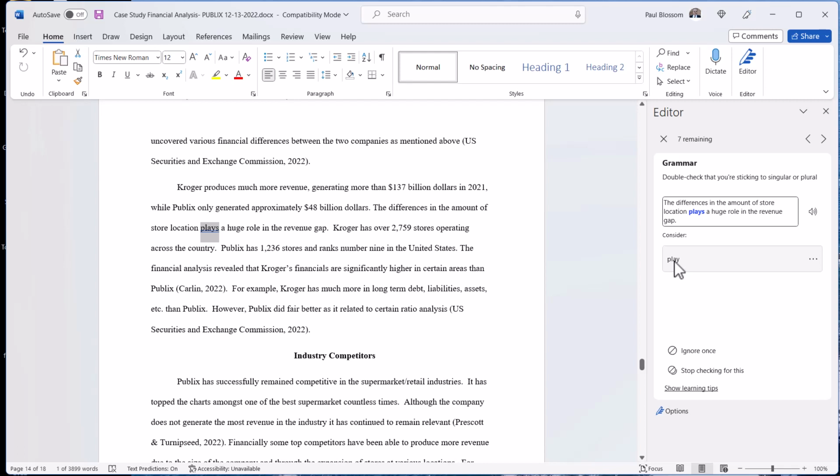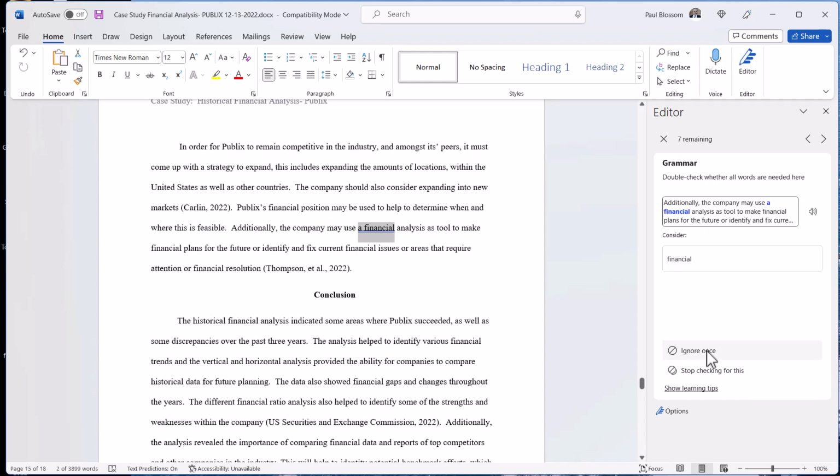The difference in the amount of store location plays, so that one's correct. The differences in the amount of store location plays a huge role in revenue gap. So I would ignore that one. So this grammar checker doesn't find everything, but you need to look at each one of them to determine whether it's proper or not.